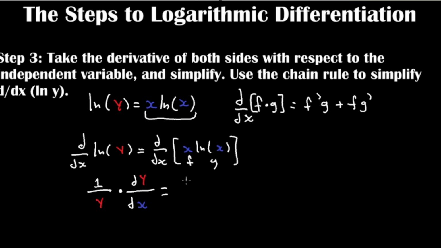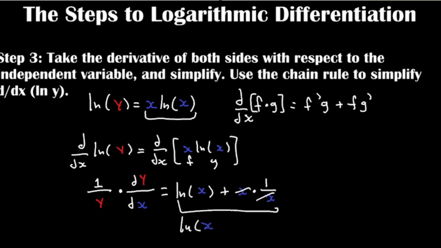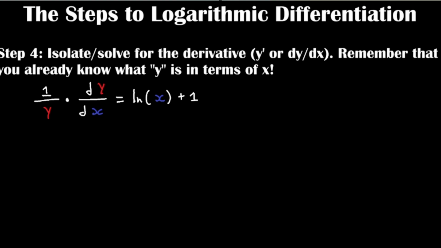The derivative of x is just 1 times g, so natural log x, plus x times the derivative of g, which would be 1 over x. So this x and that 1 over x will cancel. So this is just going to be natural log x plus 1. Okay, so this is our expression so far.